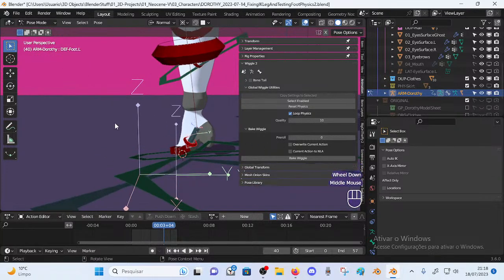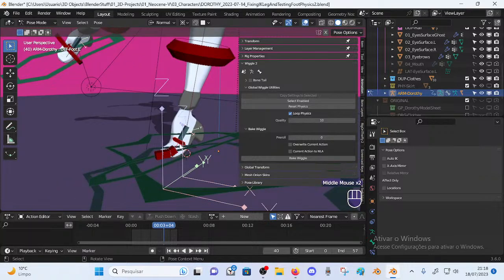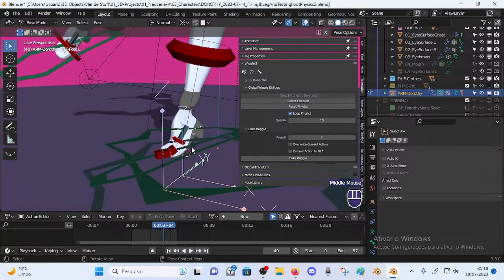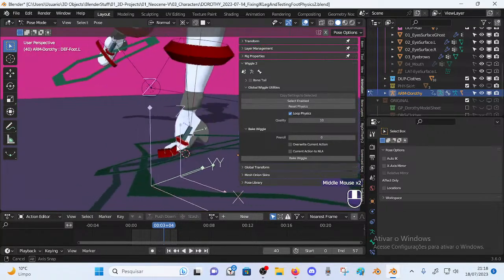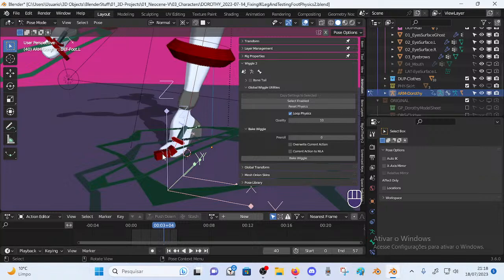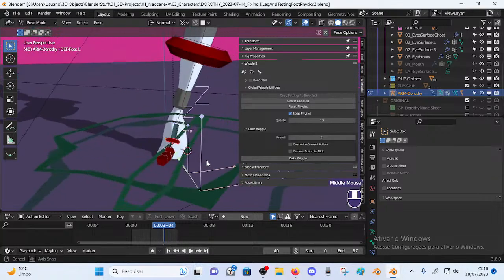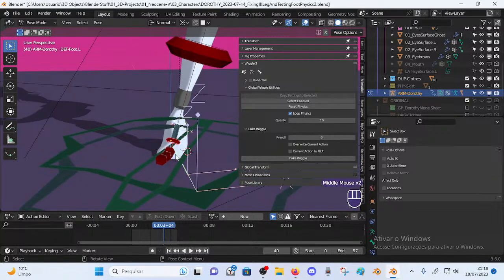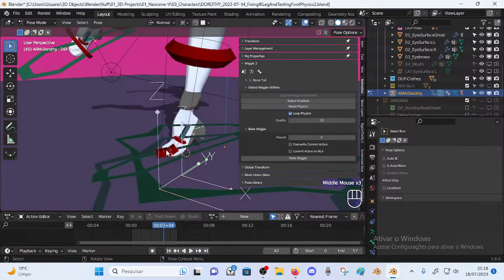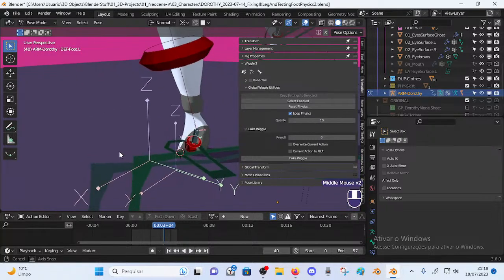I think baking would be the last step, because if we bake the keyframes, we will have trouble if we need to update the animation. Even though it's not a posable bone, the interpolation for it will be compromised, so I don't know how it would behave. It would probably cause some trouble.